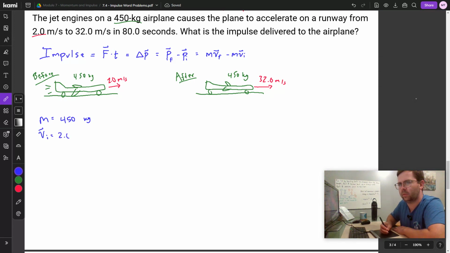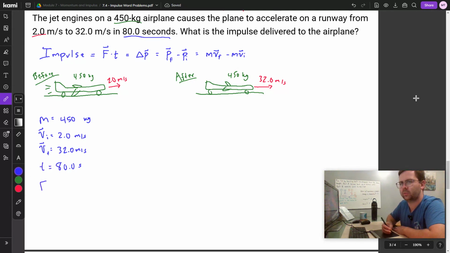It saves us a lot of mental effort later if we can identify that these quantities represent mass, initial velocity, and final velocity. And this just corresponds with my pictures. So mass is 450, initial velocity 2, final velocity 32. We're also given a measurement in seconds, and so we know that's a time measurement. So the time that this happens in is 80.0 seconds.